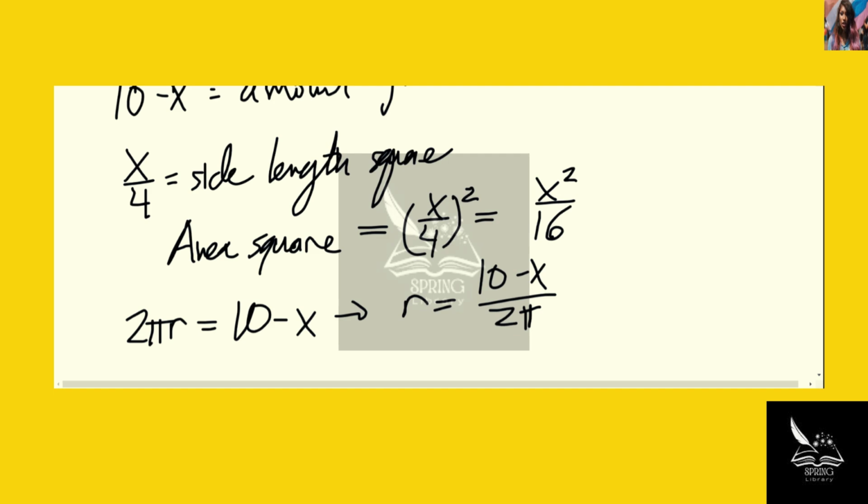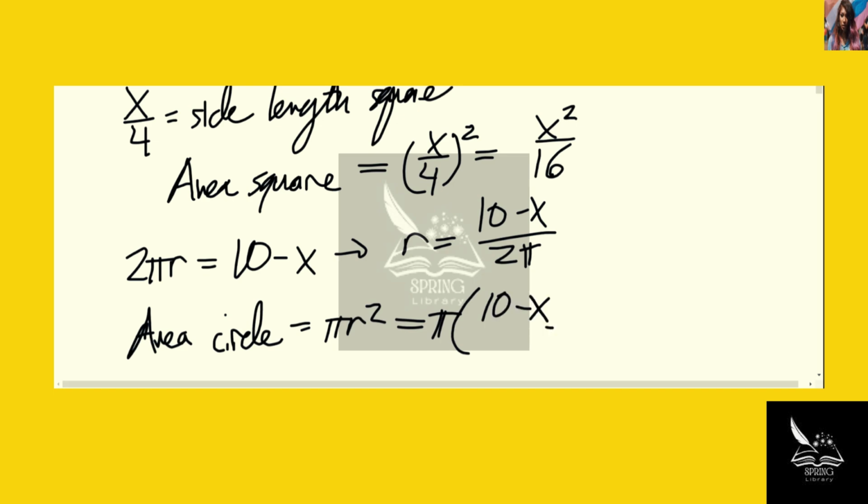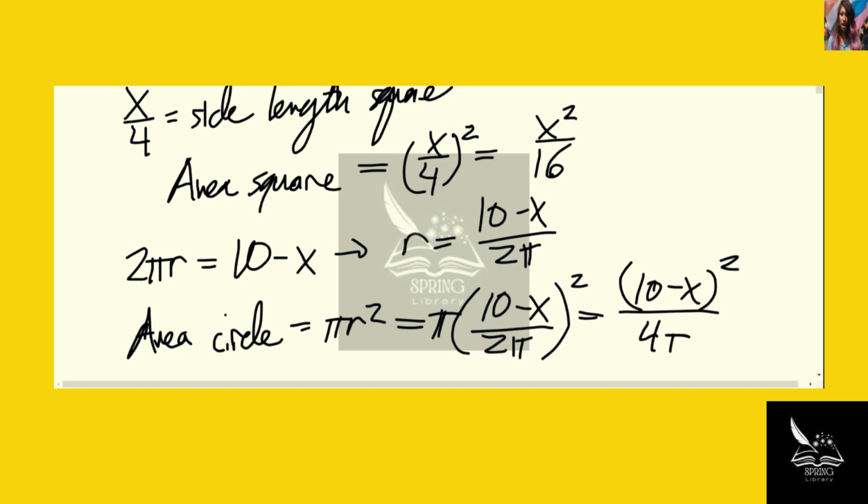And the area of our circle as a function of r is pi r squared, but then substituting, this is pi times ((10 minus x) over 2 pi) squared. This simplifies to (10 minus x) squared over 4 pi.